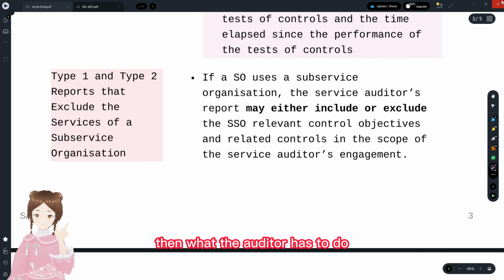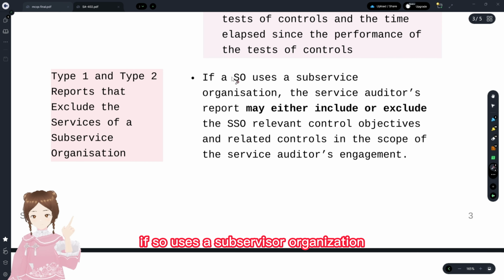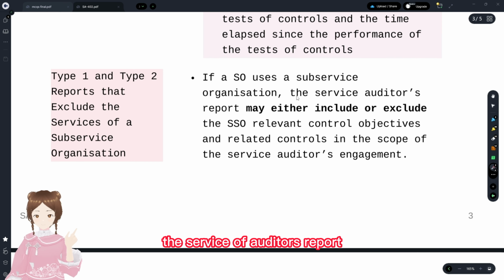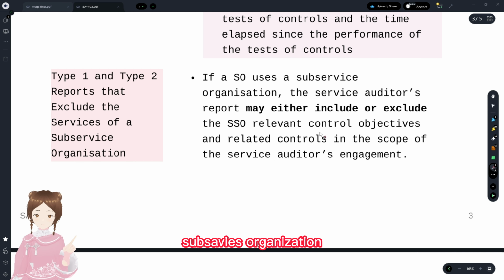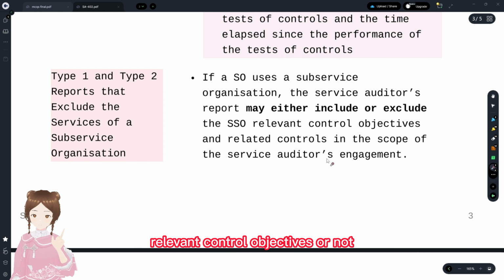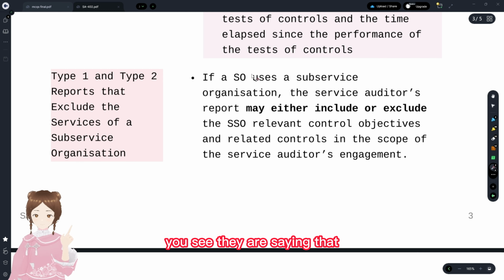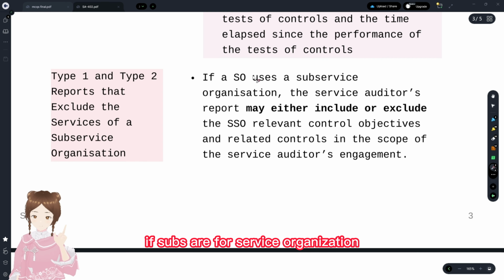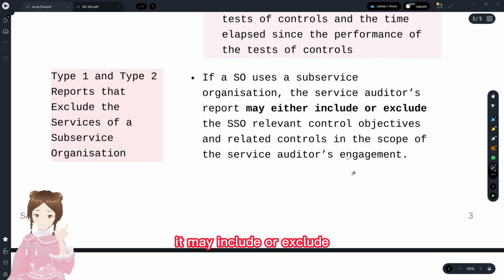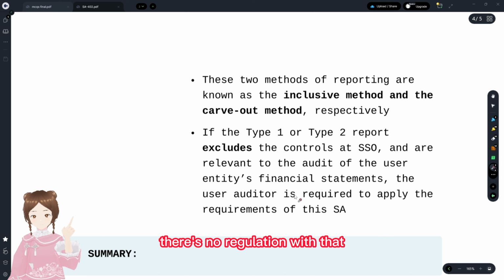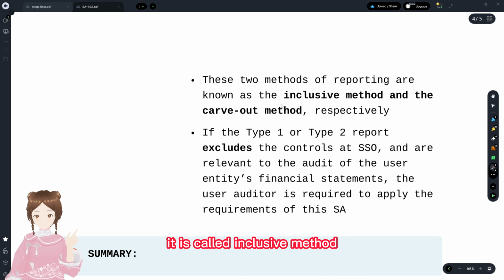Then what does the auditor have to do? If the SO uses a sub-service organization, the service auditor's report may either include or exclude the sub-service organization's relevant control objectives. You see, they are saying that if the SO is using the SSO's services, the report may include or exclude it. There's no regulation on that. If it includes it, it is called the inclusive method.